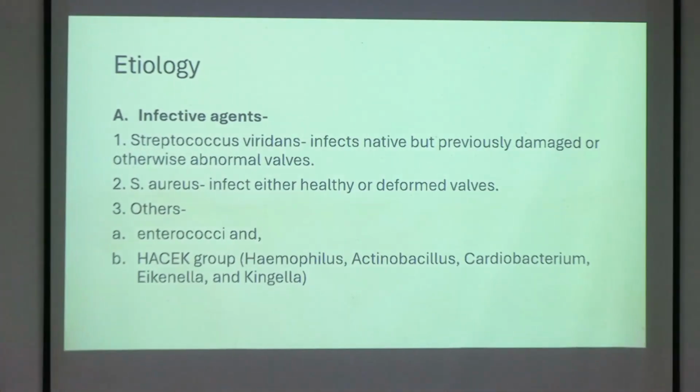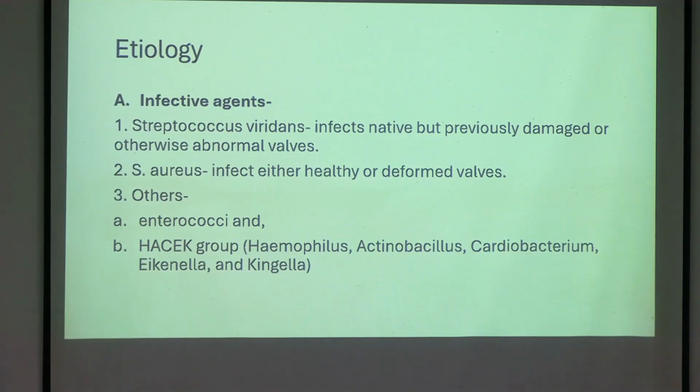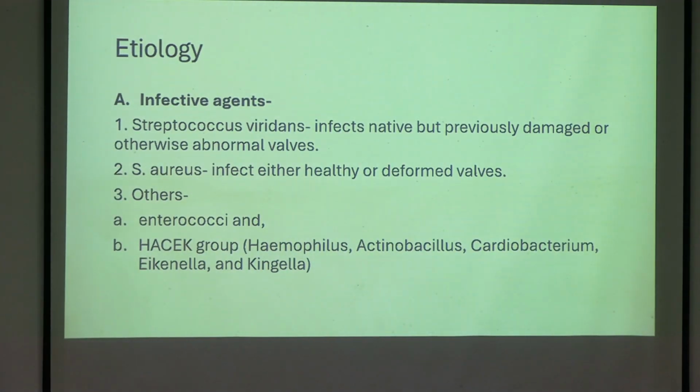So mainly what are the etiology? Everywhere it's strep, staphylo, all this. So apart from strep and staphylo, one more group is there known as HACEK group. Okay. So Streptococcus viridans will infect the native valve, but previously damaged.